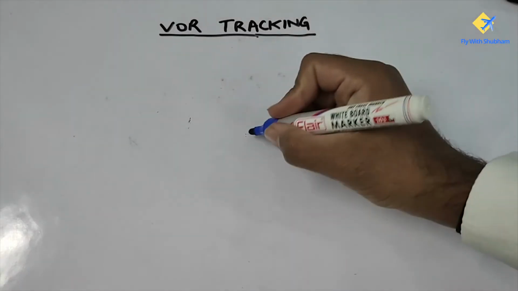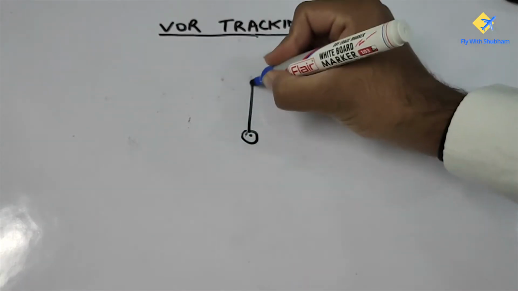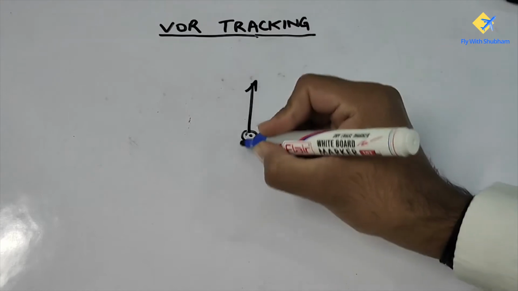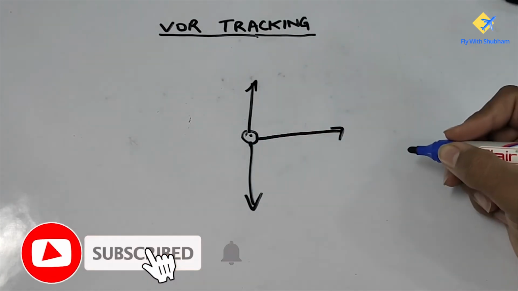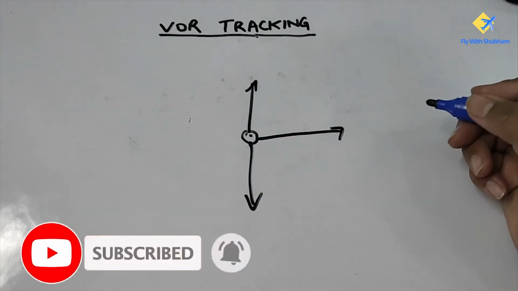There are three main components to the VOR. The first is the station, the second is the antenna on the aircraft, and the third is the instrument inside the aircraft. So if this is a station, it is sending signals out in every single direction, each of the 360 unique signals helping us identify our position.